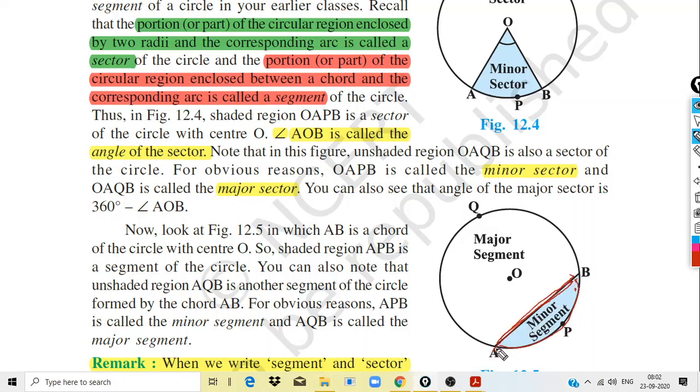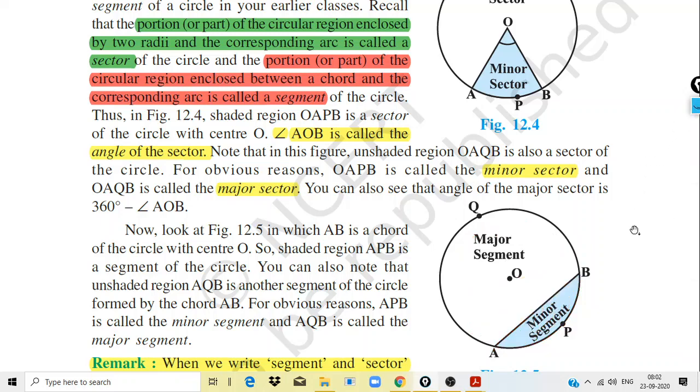Now you see this APB is a segment, and this segment is a minor segment. It's a smaller segment, the minor segment. The larger segment, the rest of the circle apart from it, is the major segment.